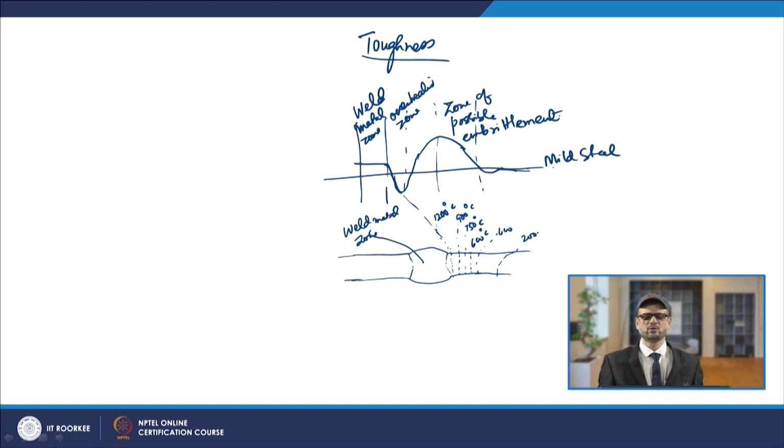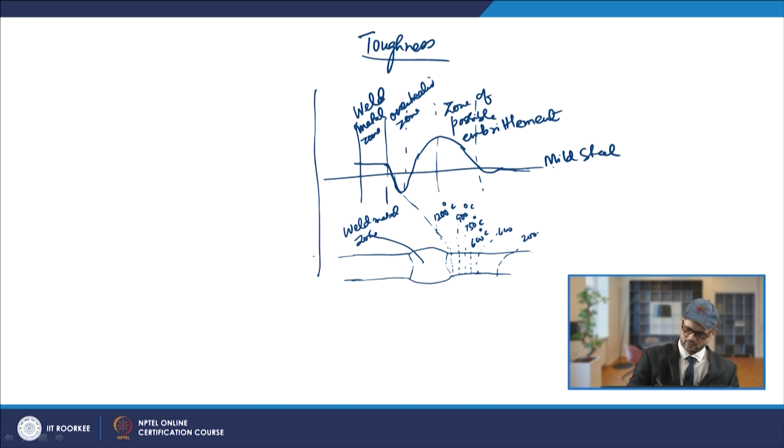There is a decrease in the toughness. In this zone, as grain coarsening is taking place, there will be a decrease in the toughness value. On this side you have the notch toughness.